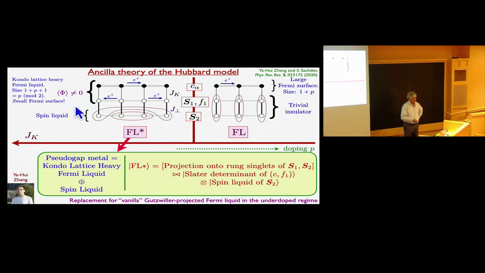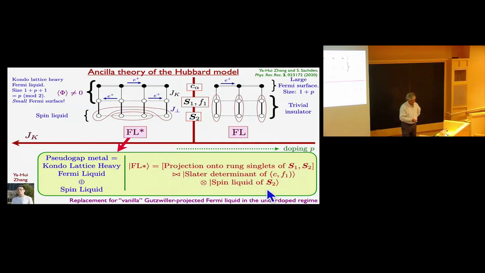And then finally you project out the rungs into the singlets. So that's the action of all the gauge fields that I didn't mention. You can do this formally with lots of gauge fields, and it's even more complicated than what was talked about this morning. You get an SU2 cross SU2 cross U1 gauge field, but I won't show you any of that. But this is the wave function that you can work with.